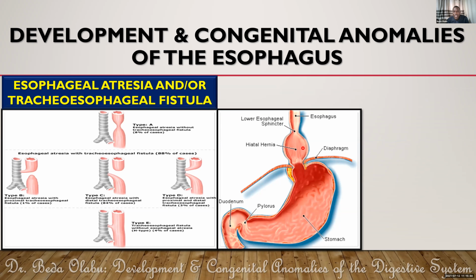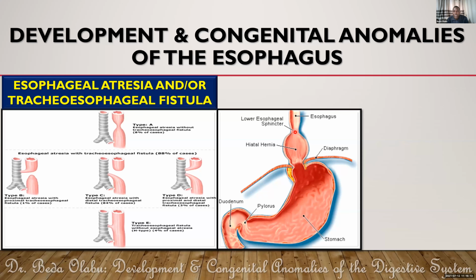So here, we see an esophagus that has not gone down to the abdomen, a short esophagus. And because the esophagus is slightly short, the junction between the esophagus and the stomach is above the diaphragm.